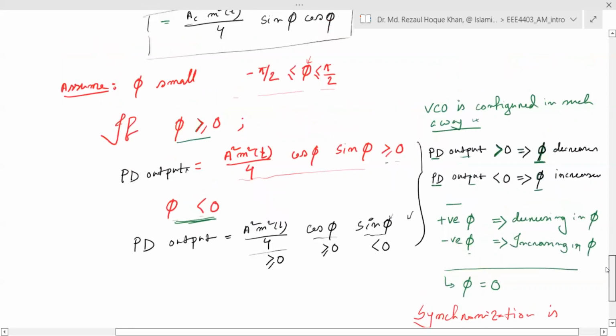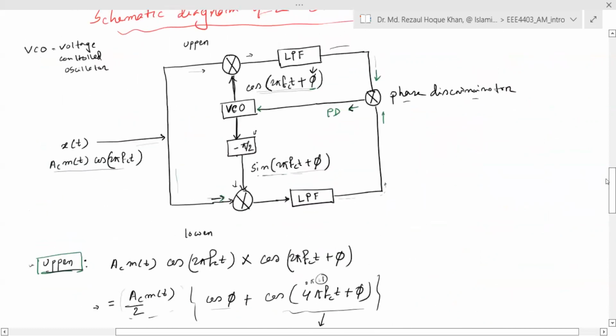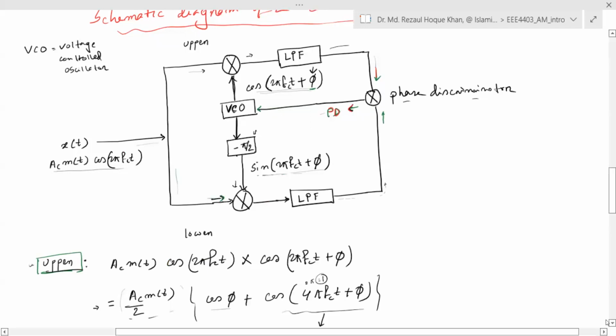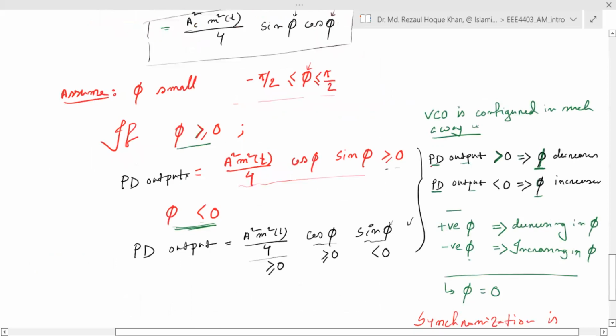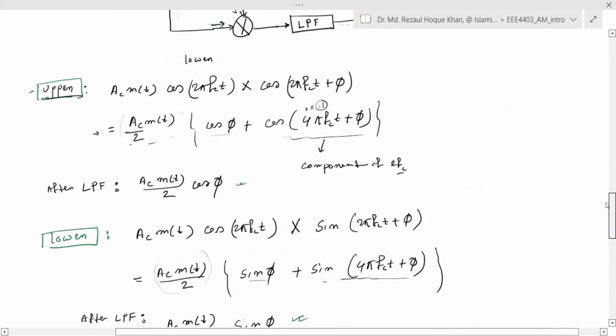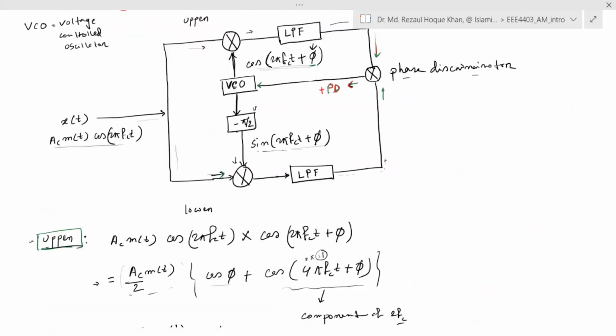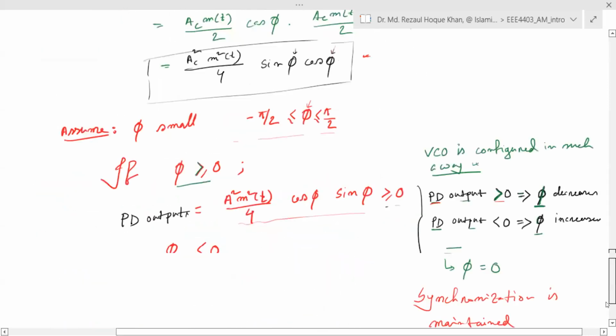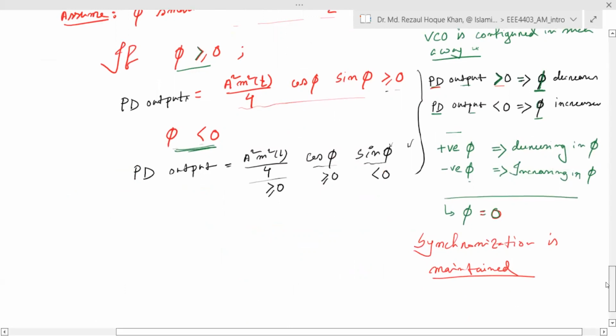So what we can see from the figure is that whenever the phase detector value is positive, it drives the phase to decrease. If the phase discriminator output is positive, it makes the phase go down, and if the phase discriminator value is negative, then it drives the output of the VCO as positive, so that the phase offset remains at 0. That is what the voltage control oscillator does.